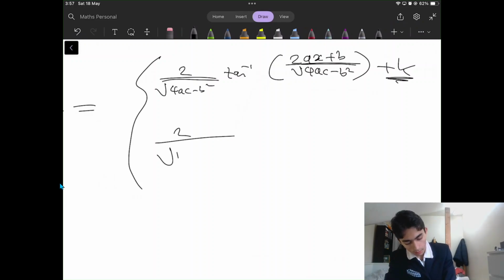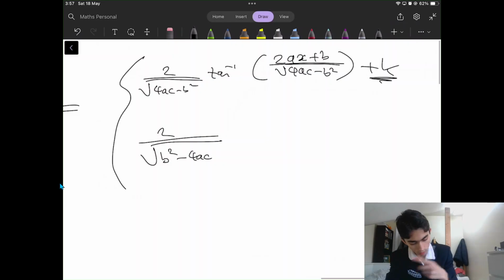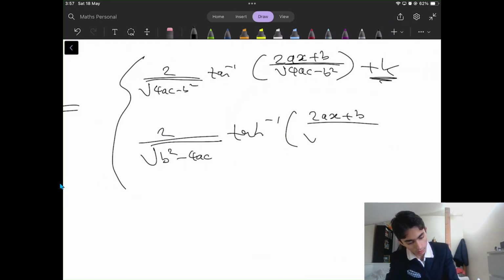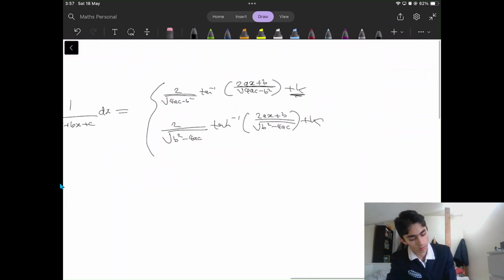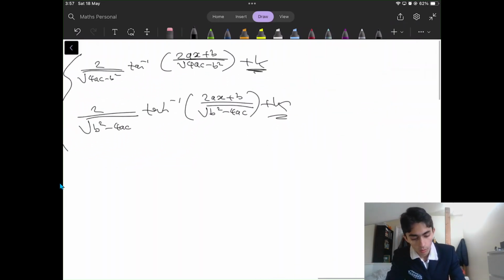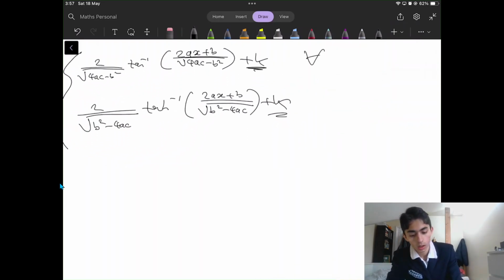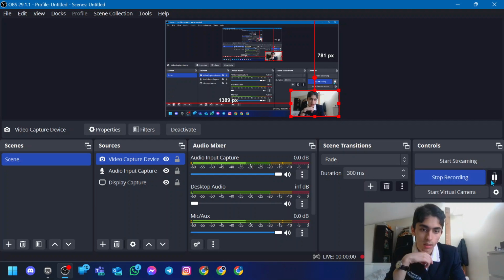Or we get this instead, 2 over the square root of b squared minus 4ac times hyperbolic inverse tan of 2ax plus b over the square root of b squared minus 4ac, plus some random constant of integration, right? Where the first one applied for all b squared minus 4ac less than 0, and the second one, give me a sec.